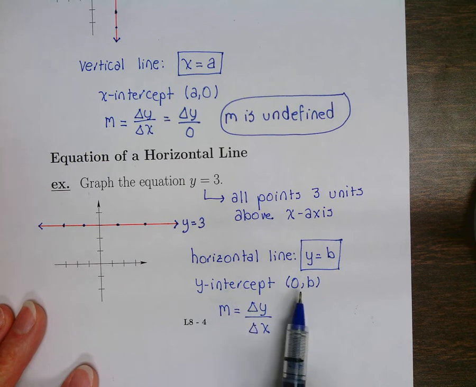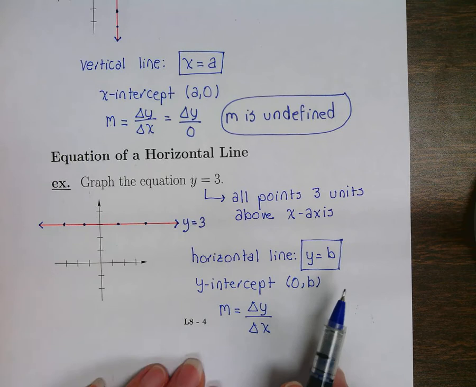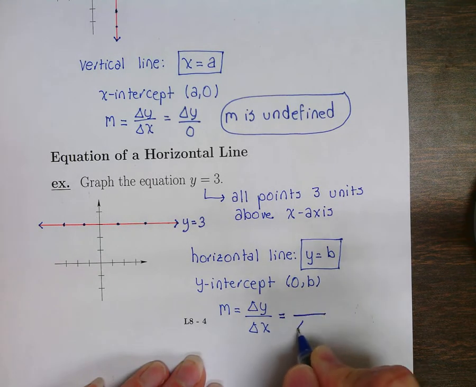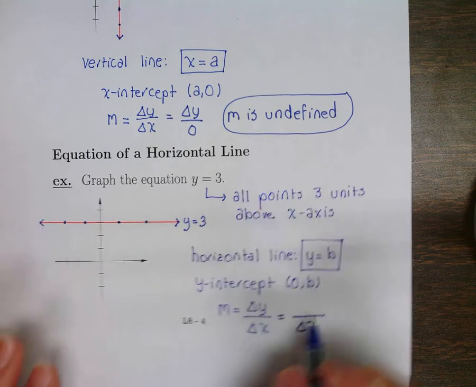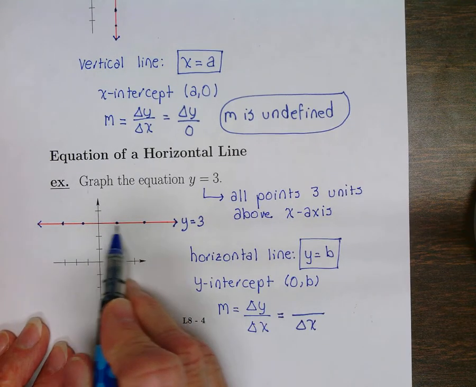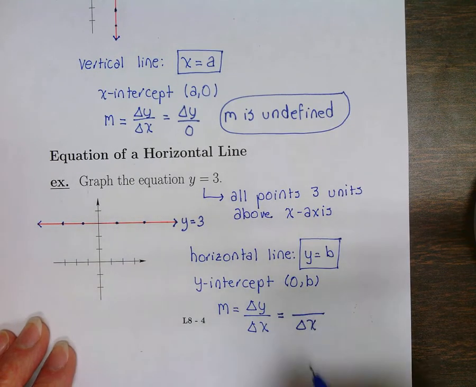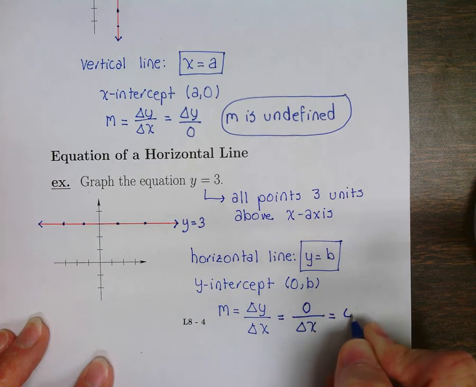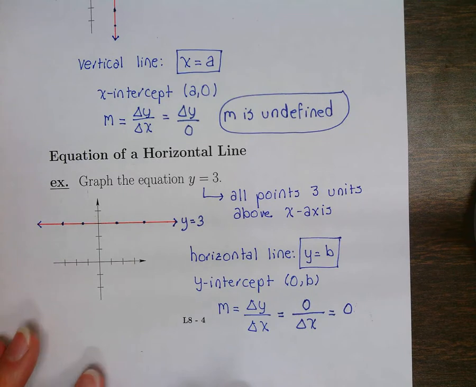The y-intercept is the point (0, b), and the slope this time is change in y over change in x. Well, x can change, but what about the y values? They're all the same. And so the change in y is always 0. So a horizontal line has slope of 0. A vertical line has no slope.